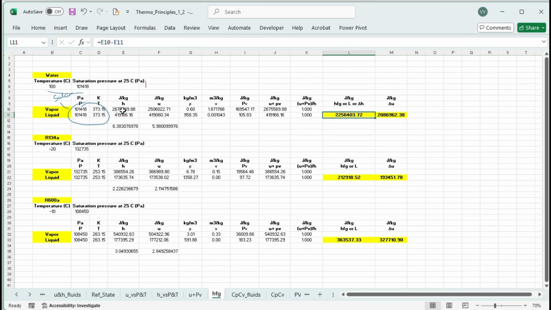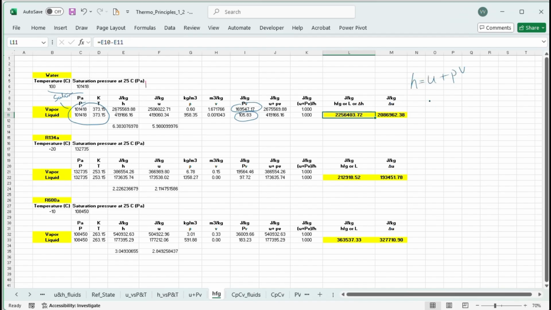And if you look at the difference between internal energy, that is slightly less than the difference between enthalpy. That's because the PV value for gas and liquid is different. And you know, H is U plus PV.